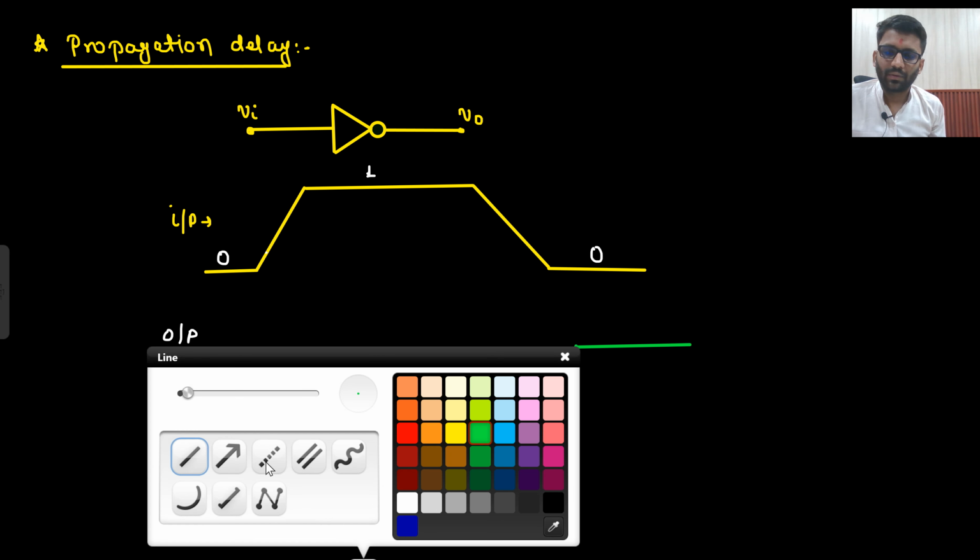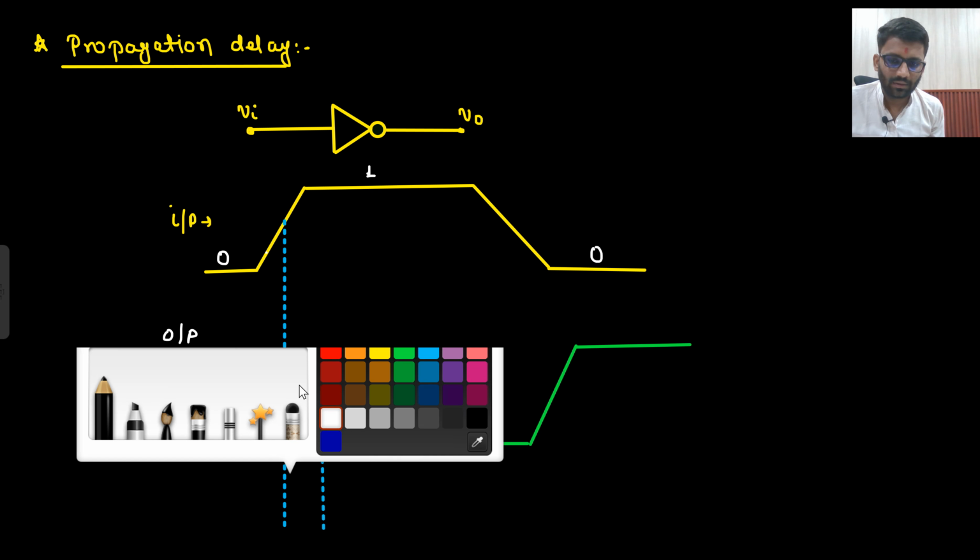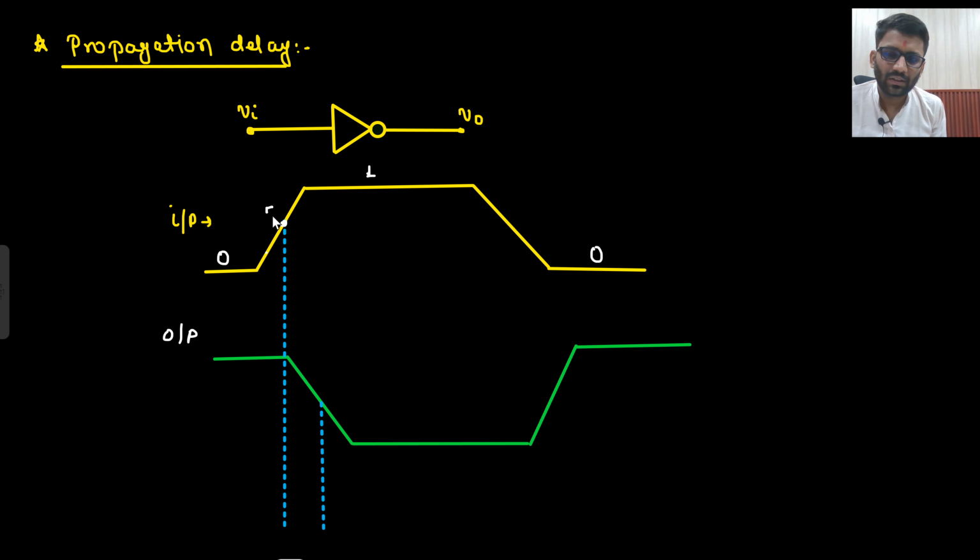Now, what is the 50% of this? This will be nearly the 50% of this. What is the 50% of this? Nearly this. Right? And what is the 50% of this? Nearly this. This is the 50%. 50% means 0.5. And this is also 50%. So, what is the delay in between them? It was going high and it is going down.